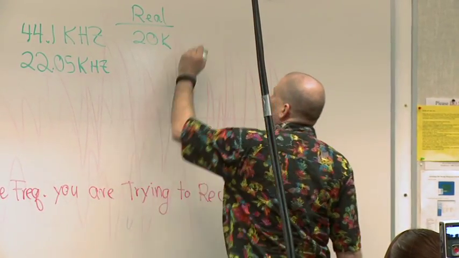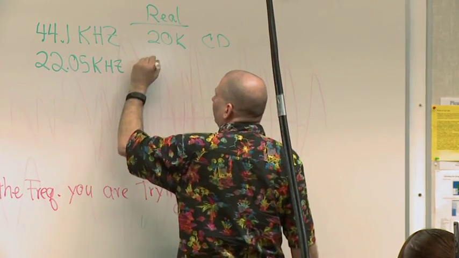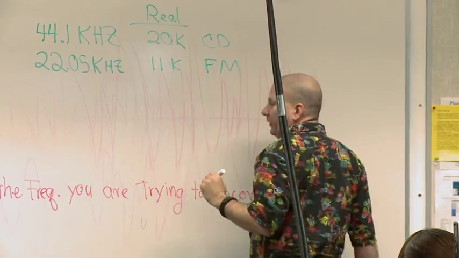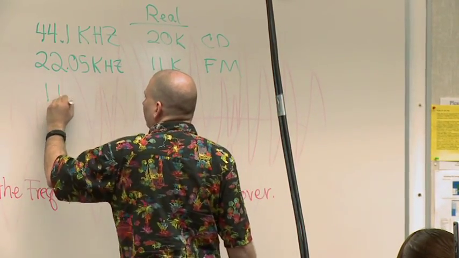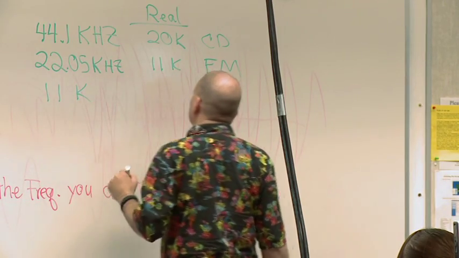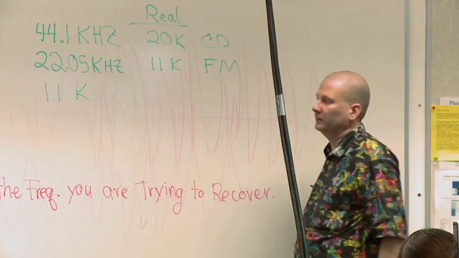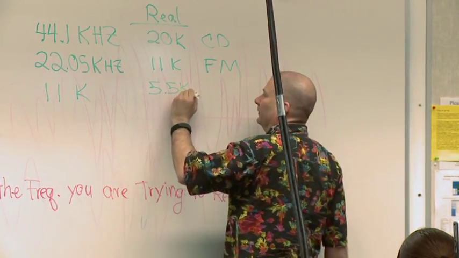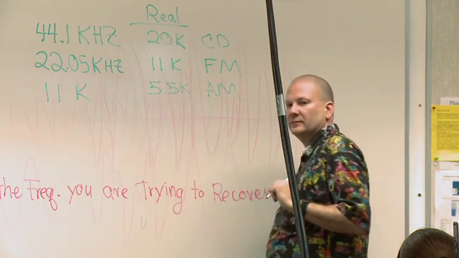CD quality. In this one, that means only 11K is produced. So that's like FM radio, kind of. And the next one, I drop it down to 11K. So what's the theoretical frequency response? Huh? 5.5K. Wow. That sounds like an AM radio to us.